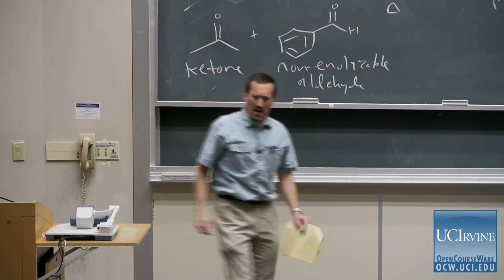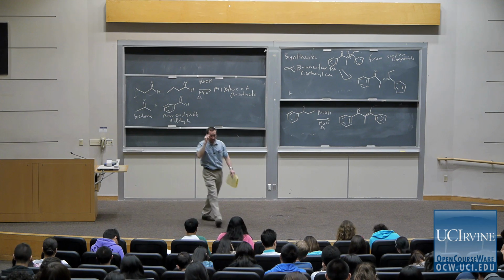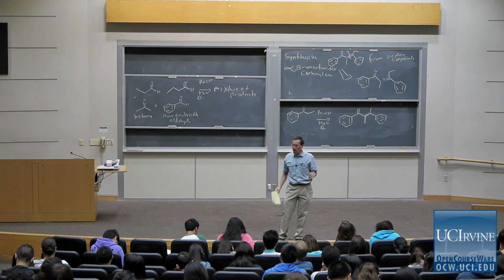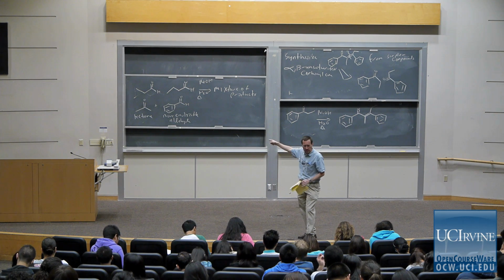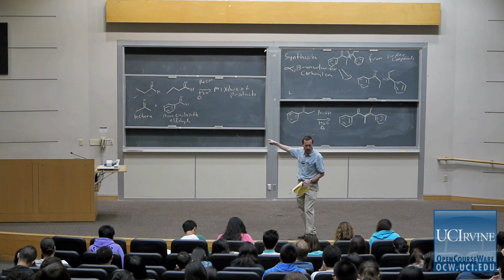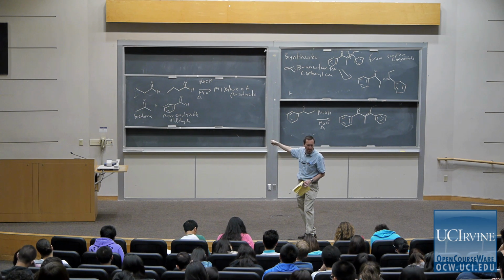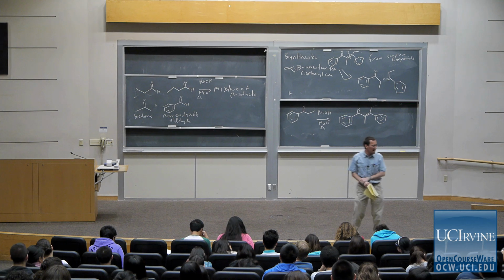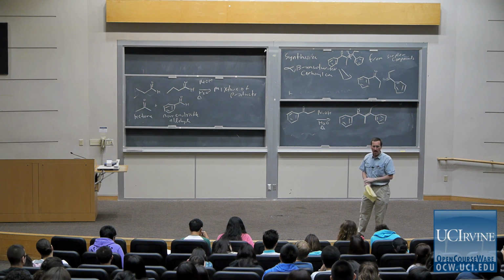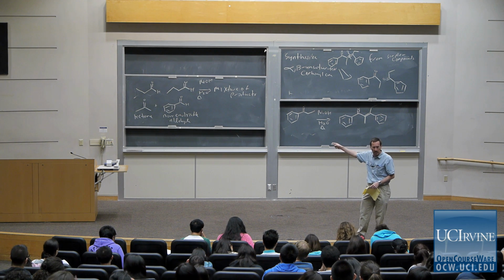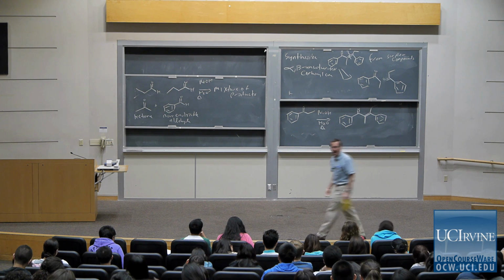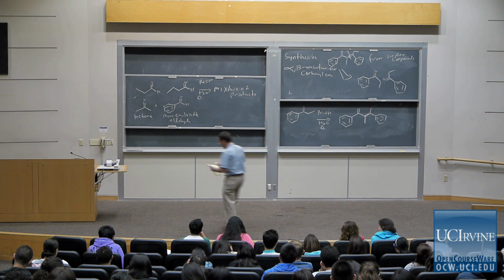See, the thing that's special about aldehydes is they're more electrophilic than ketones. So there's only one species in that mixture that can generate an enolate because benzaldehyde can't generate an enolate, it doesn't have any alpha protons. And although there are two electrophiles, the aldehyde is the better electrophile than a ketone.